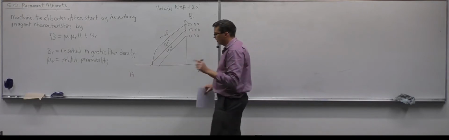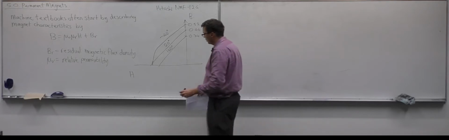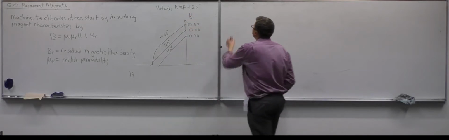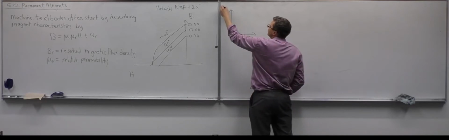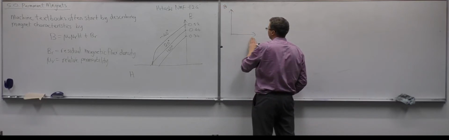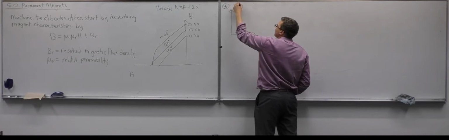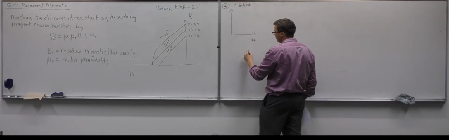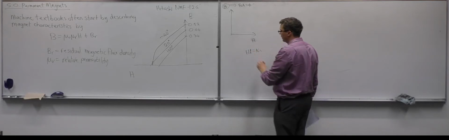And remember, as we discussed previously, for a regular magnetic circuit without magnets, we could change the B into B times A, which would be flux, and HL equals Ni around a magnetic circuit.